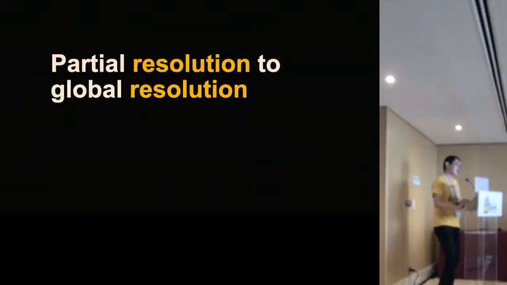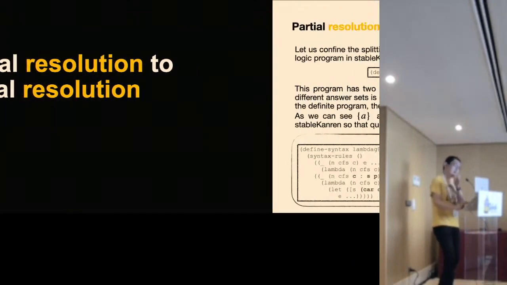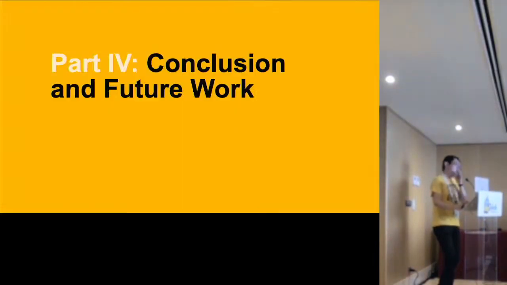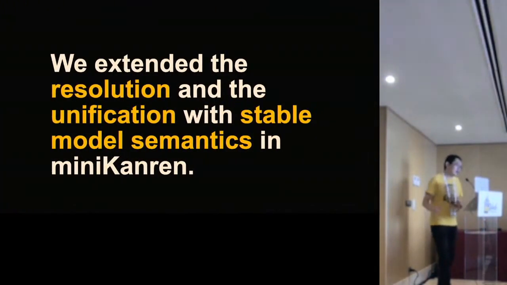And lastly, we need to go from the partial resolution to the global resolution. These are all the four rows we granted to the resolution. Once we have it, at this point, we have extended the resolution and the unification with stable model semantics in miniKanren. Then we get stableKanren.